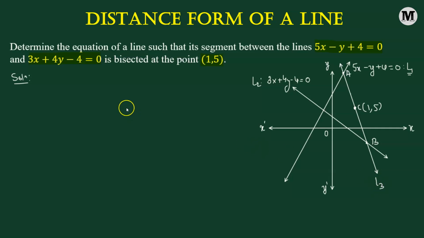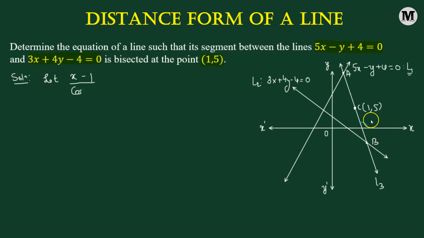In order to determine the equation of the line, we are going to take the help of the distance form of a line. We know the distance form of a line is given by taking the difference of the x coordinate. So if we consider any point (x, y) lying on this line L3, then we have x minus 1 divided by the cosine of the angle that the line makes with the positive direction of the x-axis.